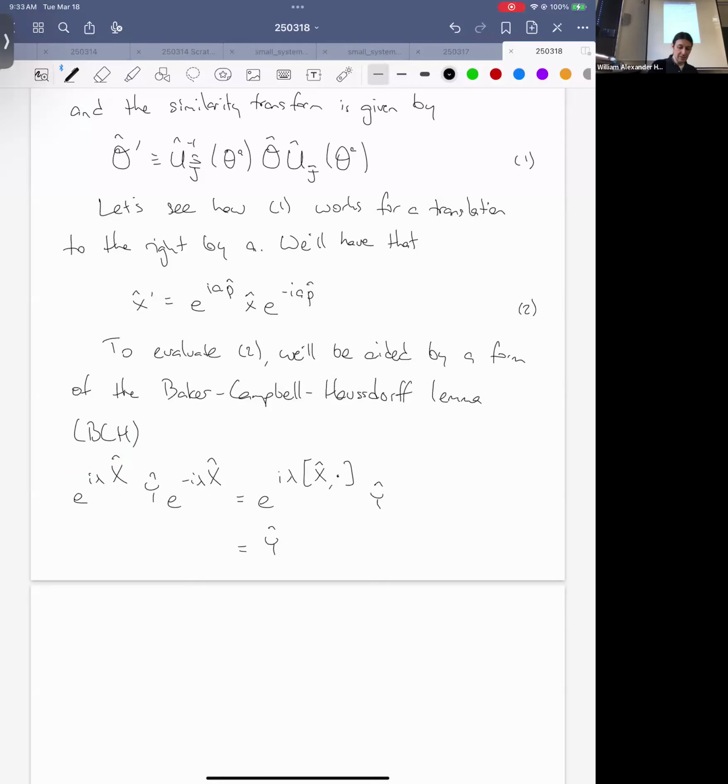The first term is just a 1, so I get a 1, and then the y operator. And then the first term is linear, and it's the x operator commutator with y. I'm slotting the y into that open space in the exponential. And then the second term is your usual minus a half lambda squared from the I lambda. And then I have a commutator of x slotting into what came before it, which is the x commutator with the y. And then plus so on and so forth.